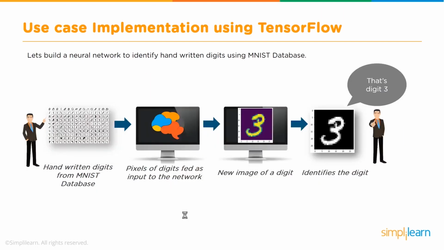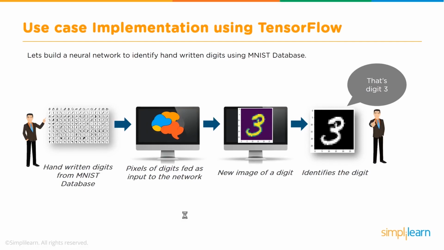Now, where we're going to implement this in our TensorFlow is we will feed this data, the training data, along with the labeled information. Basically, these images are stored in the form of pixel information, as we saw in a previous slide. But each of these images is nothing but pixels.